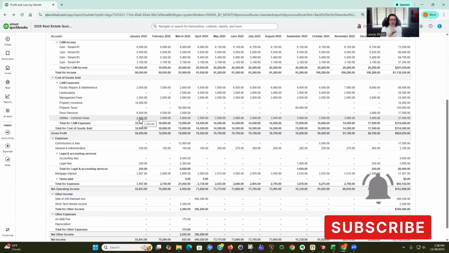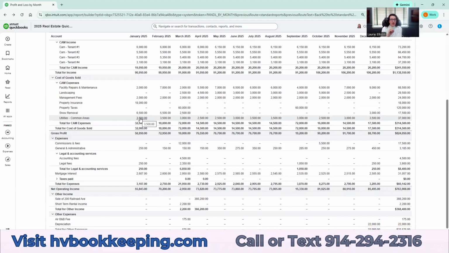Because the difference is that I have read certain leases where the accounting for that LLC, the tax preparation fee, was allowable in the CAM calculation. Okay, so sometimes it is, sometimes it's not.